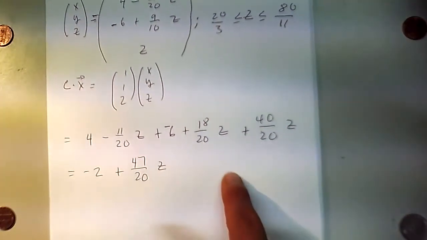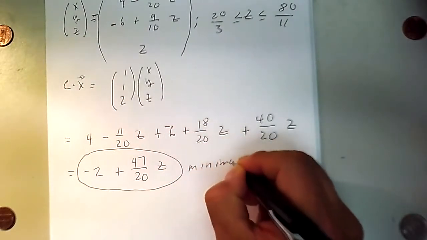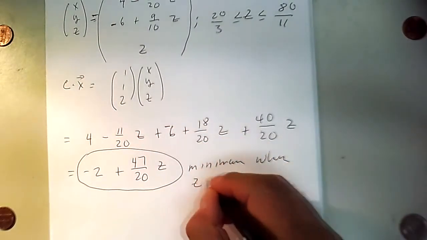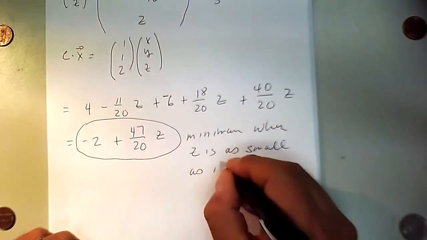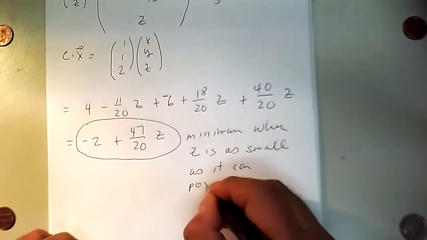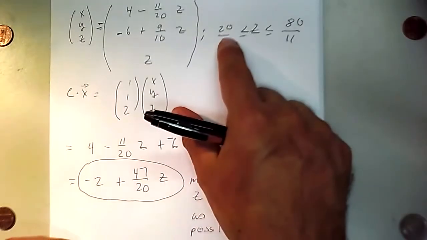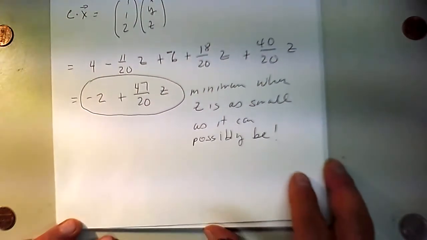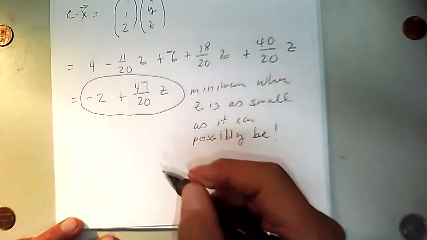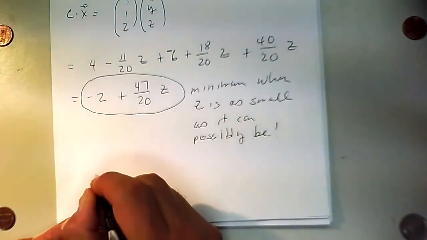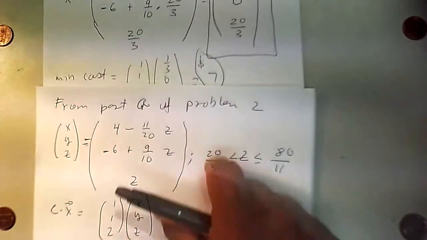So this quantity is minimum when z is as small as it can possibly be. And the smallest that it can be is 20 over 3. So 20 over 3 puts us at 47 over 3. So the answer is the same answer because the 20 over 3 corresponds to that.